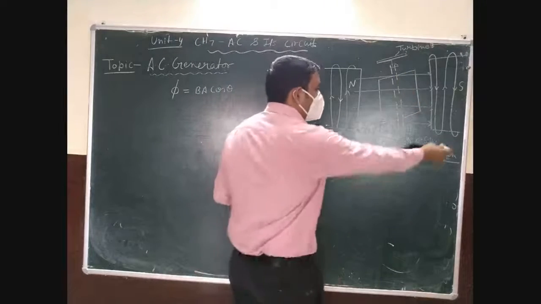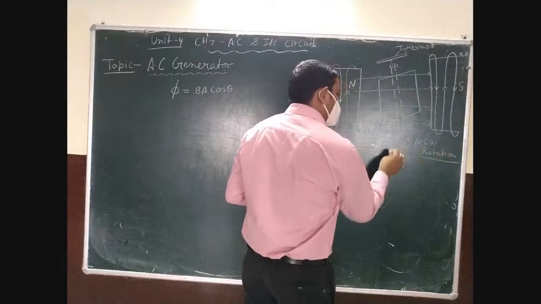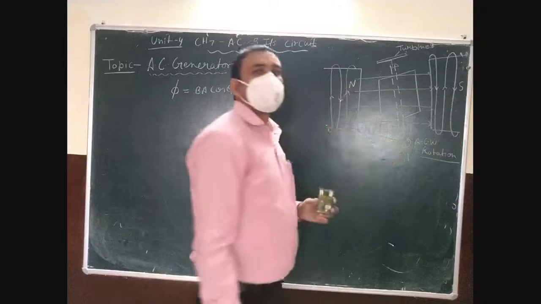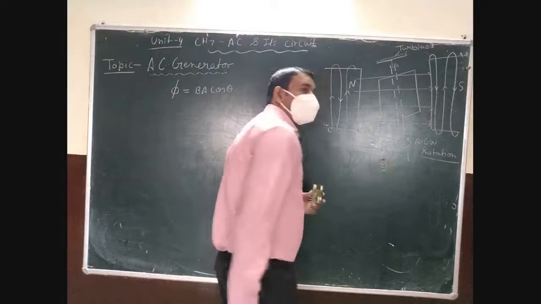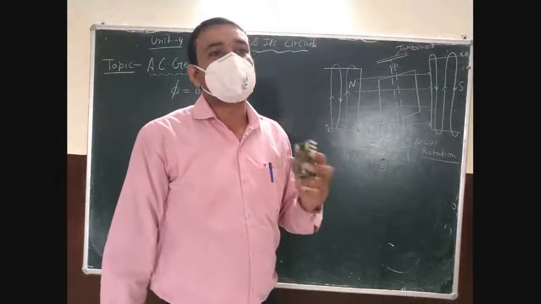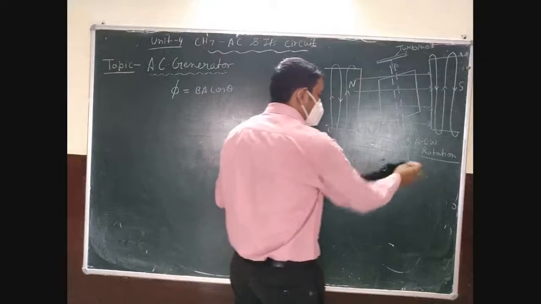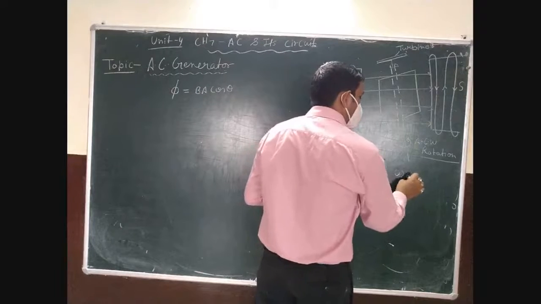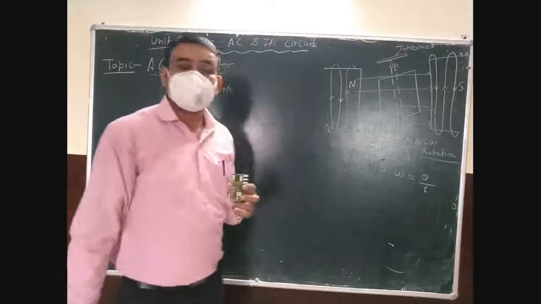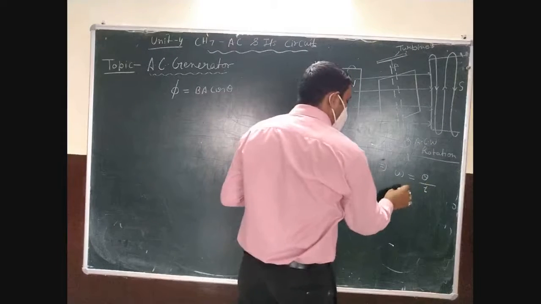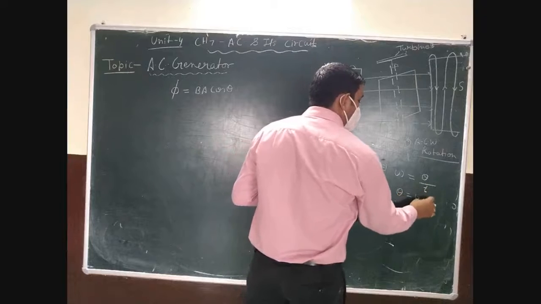Let's say the angular velocity omega is constant for its motion, and you know that the angular velocity is equal to rate of change of angular displacement.